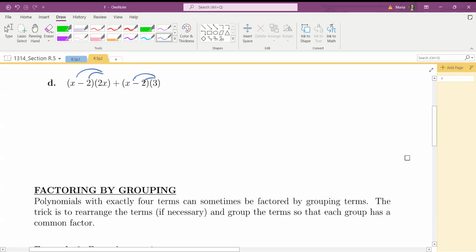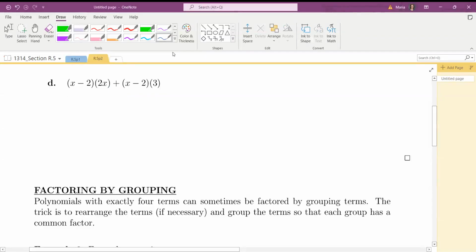Let me multiply this thing out, which you can do. But what you need to notice here is that this is a term. These are like a unit. And this is a second term. So you've got this lone plus sign, and it's got these 2 units, one on each side of it.